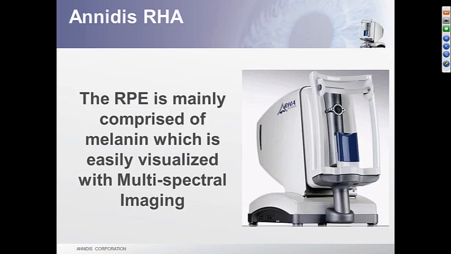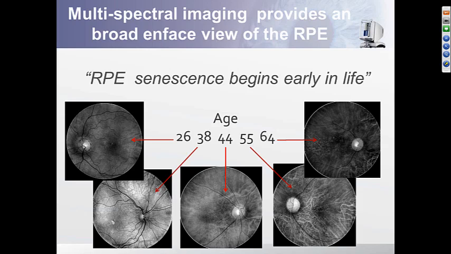And of course, keeps the subretinal space dehydrated. We all know that the RPE is mainly comprised of melanin, which is easily visualized with multispectral imaging. And for those of you in the field using the instrumentation, you already know this. And it certainly is true that RPE senescence begins early in life.